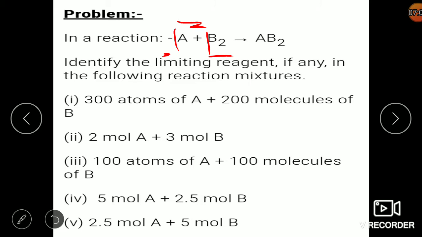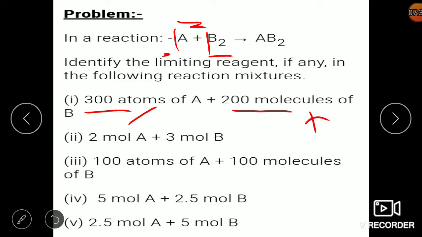For 200 molecules of B, how many atoms do you need? The ratio is 1:1, so you need 200 atoms of A. So 100 atoms will be free. Which one is excess? This one is excess, so with respect to it, the other will be your limiting reagent. So 200 molecules of B is your limiting reagent.